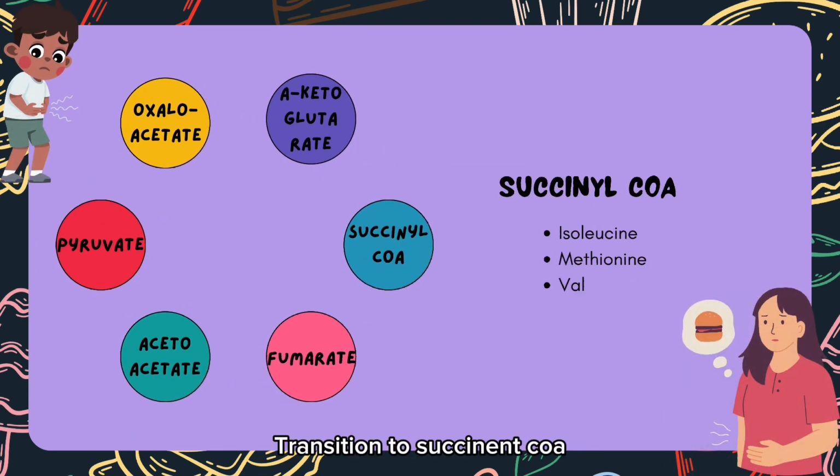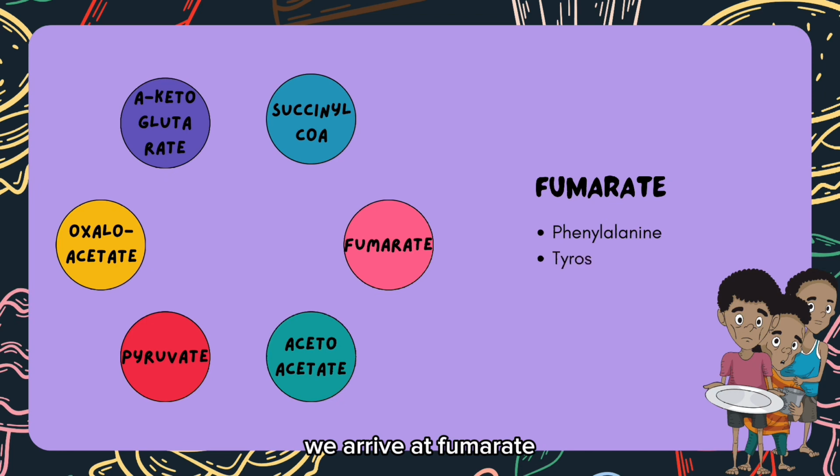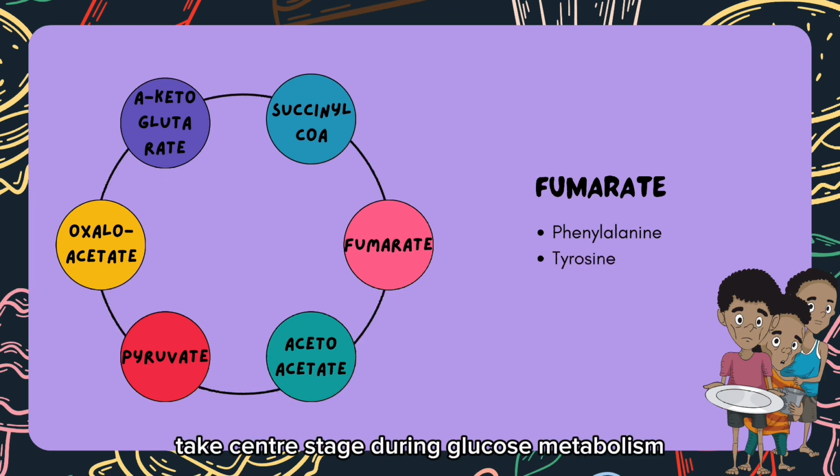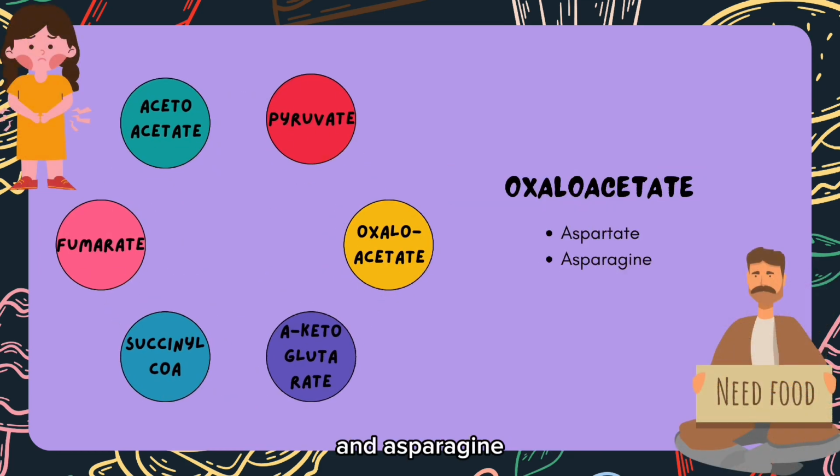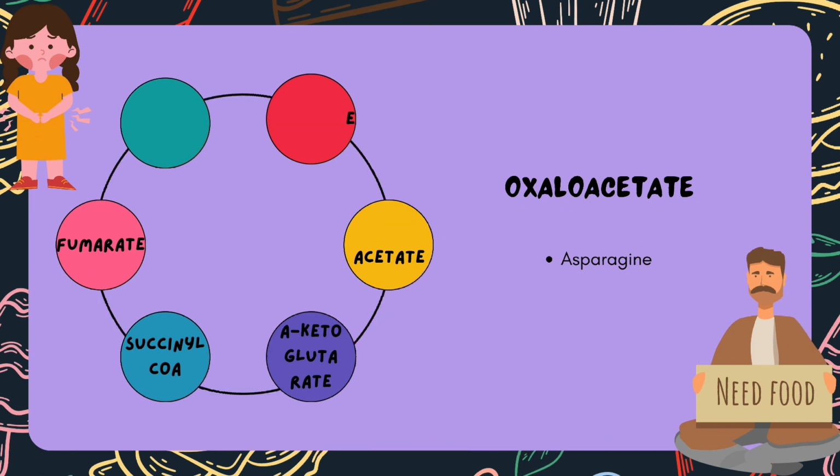Transitioning to succinyl-CoA, we find isoleucine, methionine, and valine. Moving along, we arrive at fumarate, where phenylalanine and tyrosine take center stage during glucose metabolism. Finally, aspartate and asparagine elegantly wrap up the metabolic dance, finding their roles in the oxaloacetate segment.